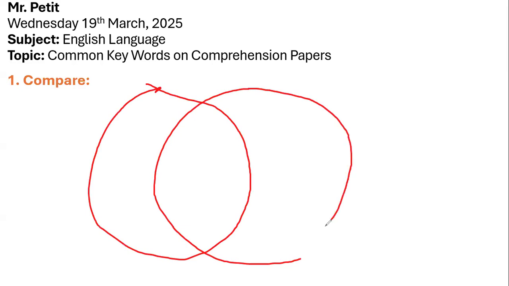So if I want you to compare boys and girls, what are the similarities? You're going to say they're both human. They both have hair. They both breathe. Both have hands and feet.